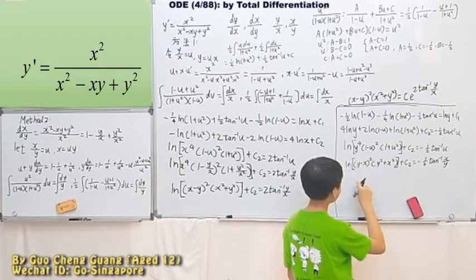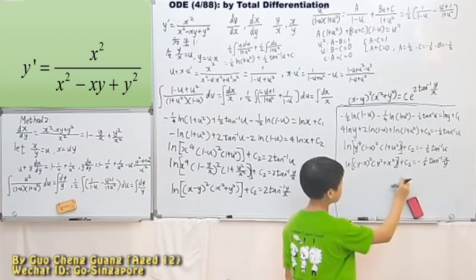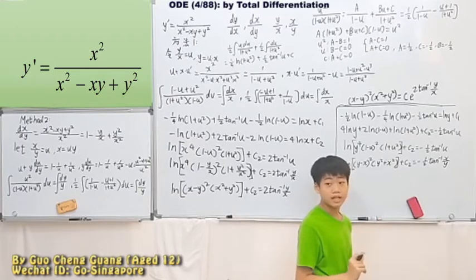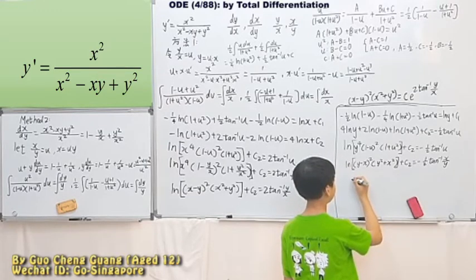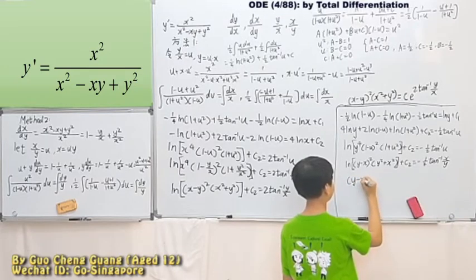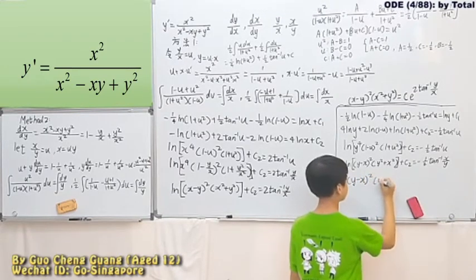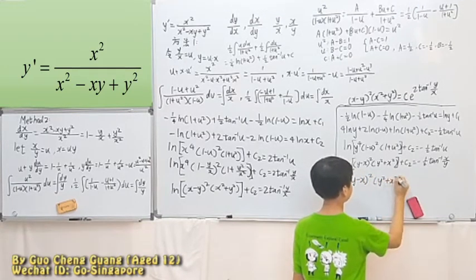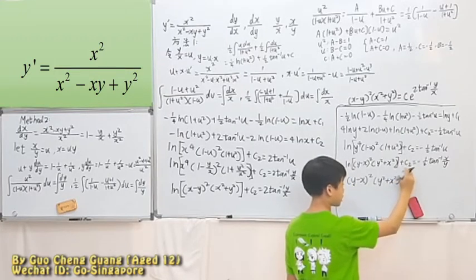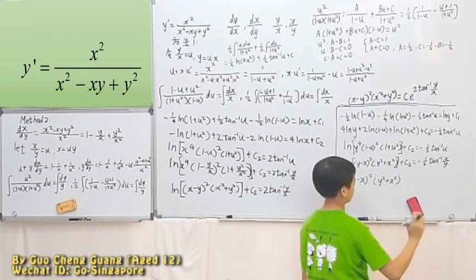After that, right now you can use the exponential on both sides. Then this constant just remains as a constant.